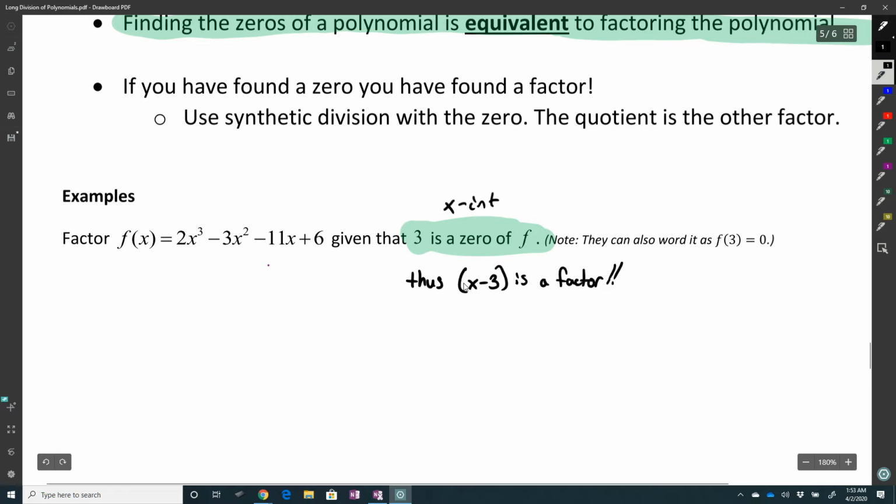So I know that 2x cubed minus 3x squared minus 11x plus 6 is equal to x minus 3 times the other factor.